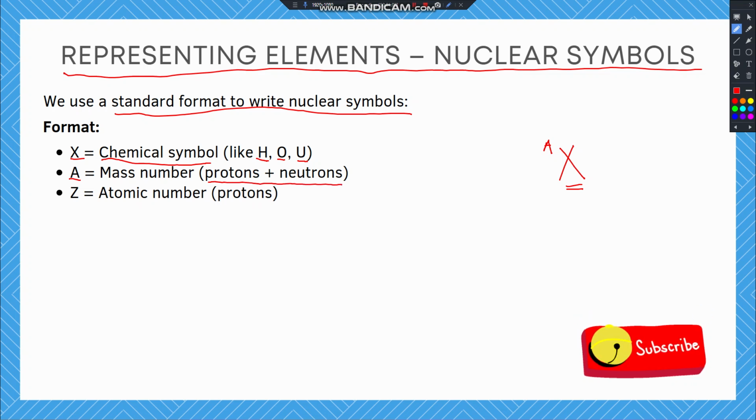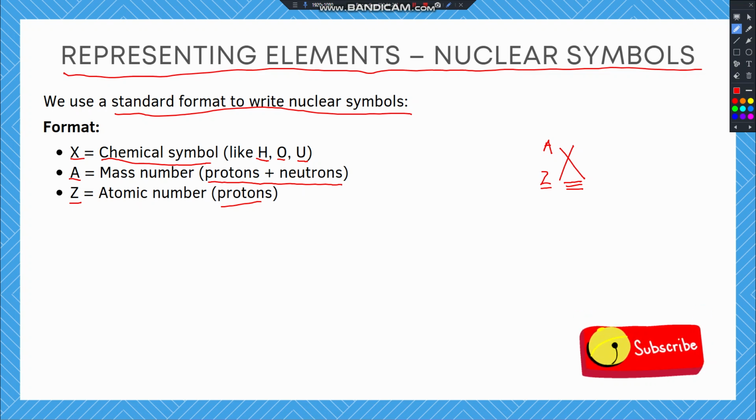And then we have the final one, which is the atomic number Z. The atomic number Z is written as a subscript at the left bottom corner of the element X. So this Z over here represents the number of protons that are present in the element or the atom.